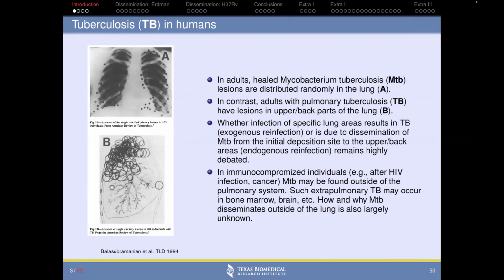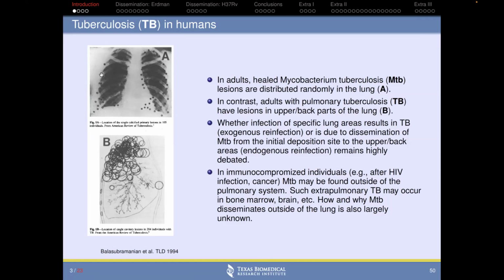One interesting observation about MTB infecting humans is that in older studies that looked at humans who died of reasons other than tuberculosis, if you look at X-ray scans of their lungs, many people actually had healed lesions, most likely caused by Mycobacterium tuberculosis. And if you look at where these lesions were located in the lung, they seem to be randomly distributed.